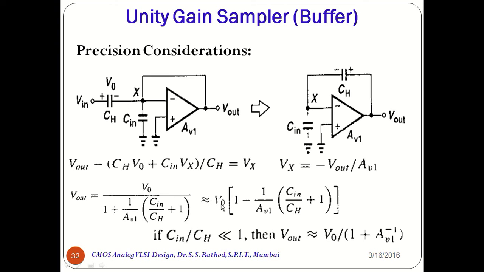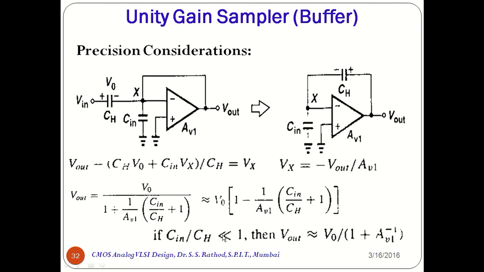We can approximate this as Vout nearly equal to V0 (1 minus (1 by AV1)(Cin by CH plus 1)). What it shows is that Vout will be equal to V0, and there will also be a gain error given by 1 by AV1 into (Cin by CH plus 1).